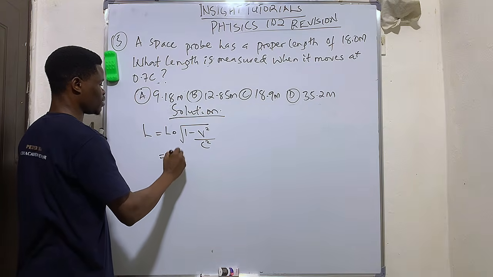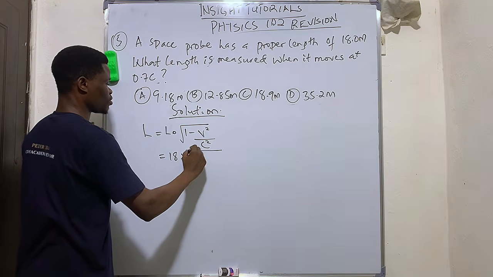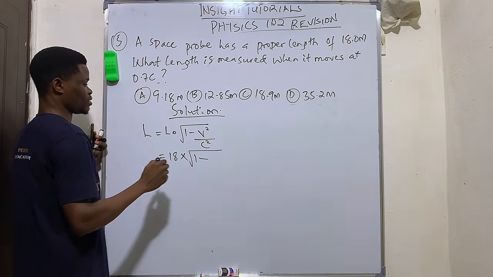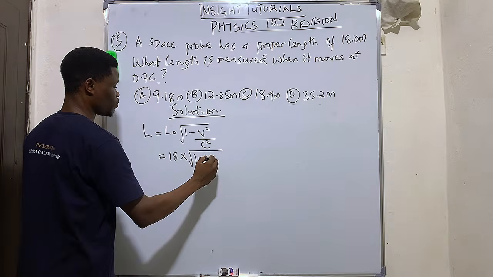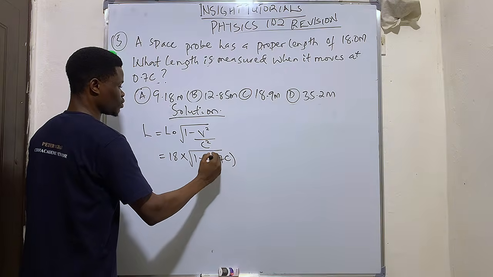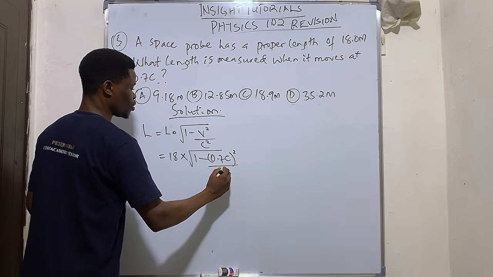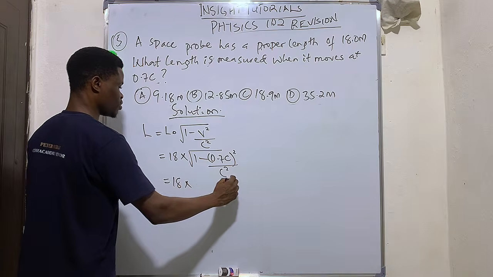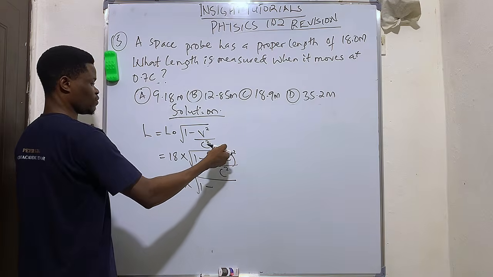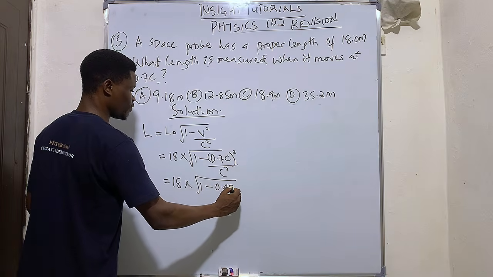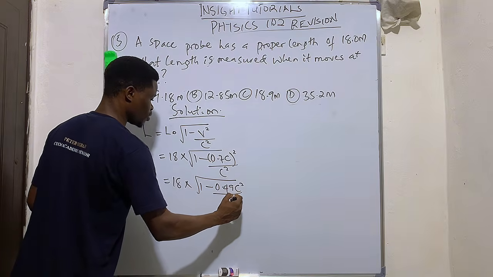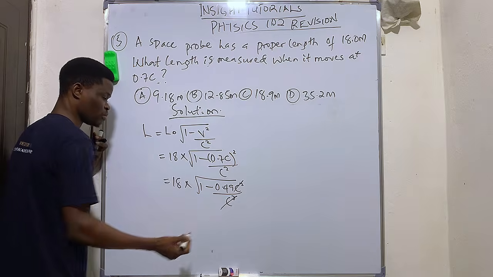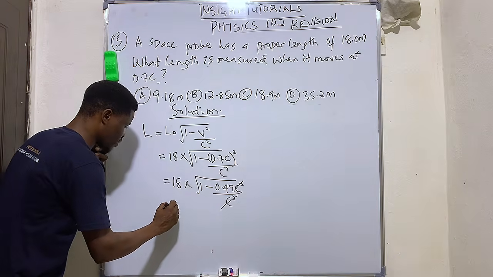So it's 18 times the square root of 1 minus, the speed of the probe was given as 0.7 the speed of light, squared, all over c squared. If you multiply this, you're going to have 0.49 c squared all over c squared. We cancel these two instead of putting in a numerical value.